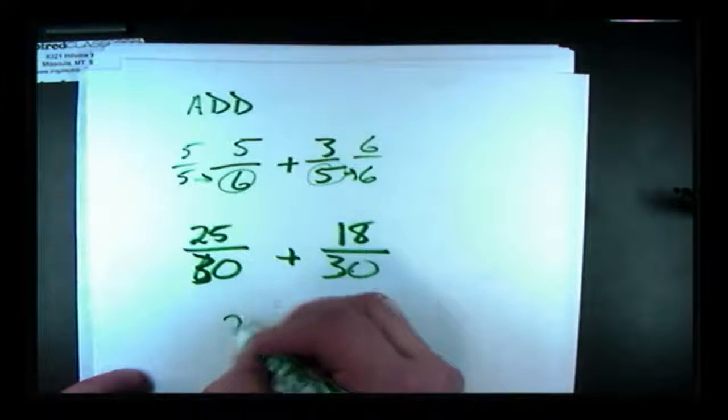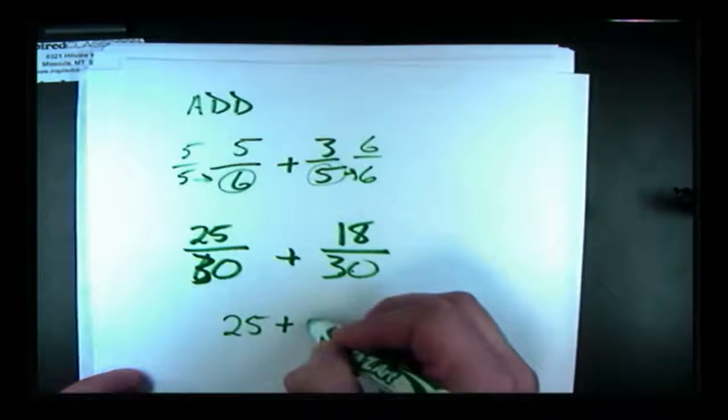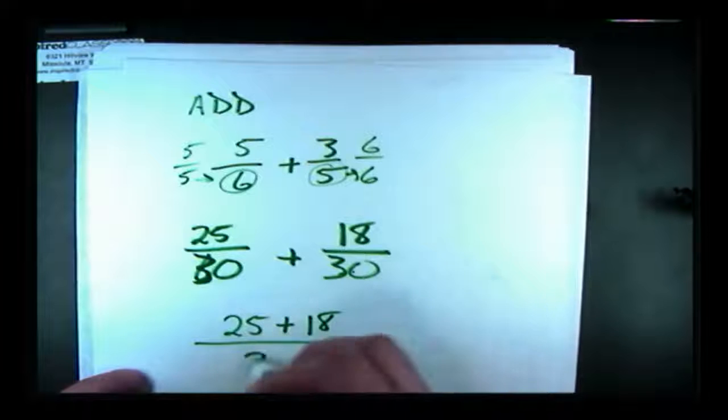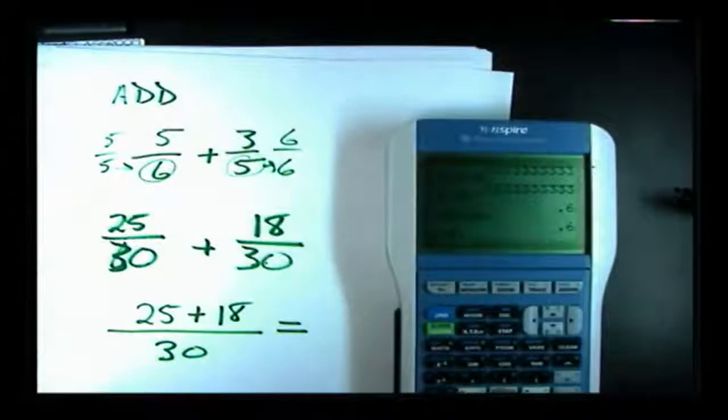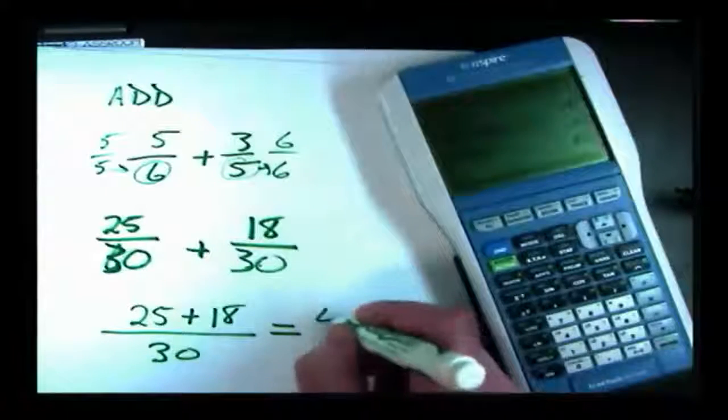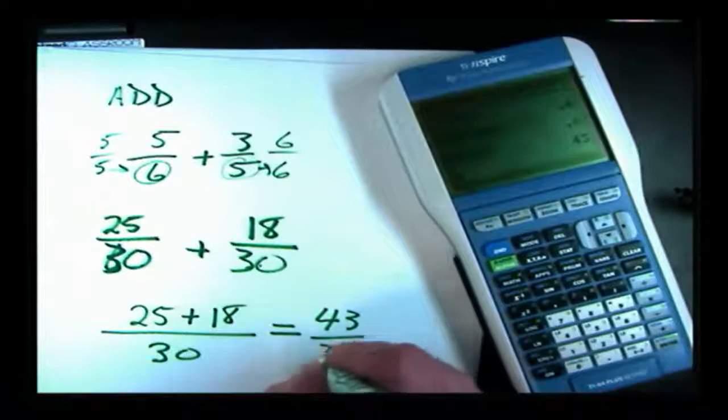Now that I've done this, now that I have a common denominator, I can move my plus sign to the top, and everything is going to be over 30. 25 plus 18 is 43. So I have 43/30.